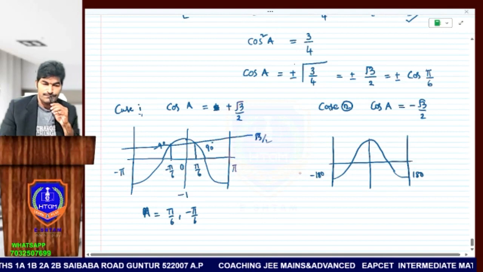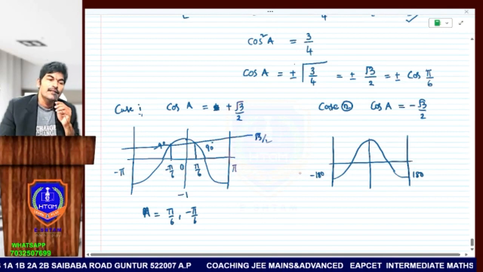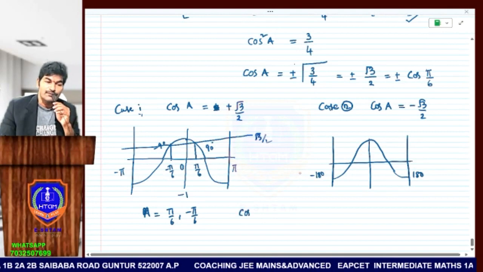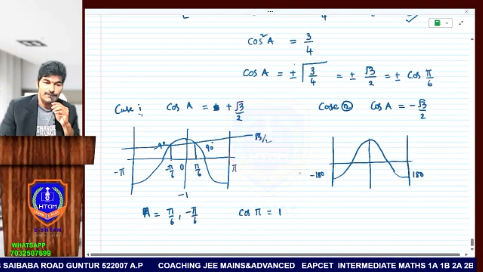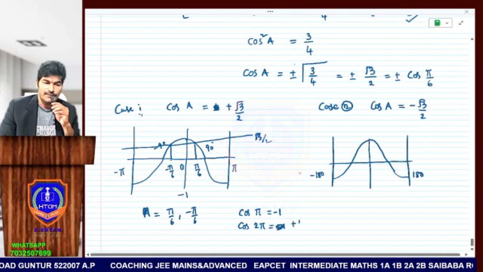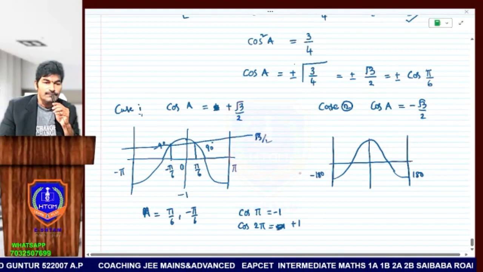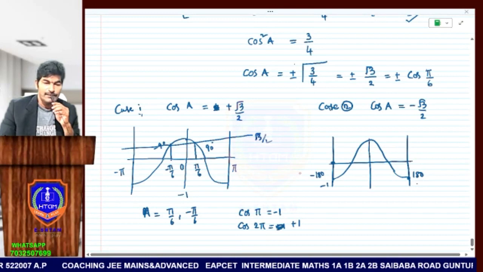I will tell you some values. Cos pi is plus 1. Minus 1, sorry. Odd pi is minus 1. Even pi is plus 1. So this is also pi, right? So that's why it is minus 1. This is also pi. This is also minus 1.